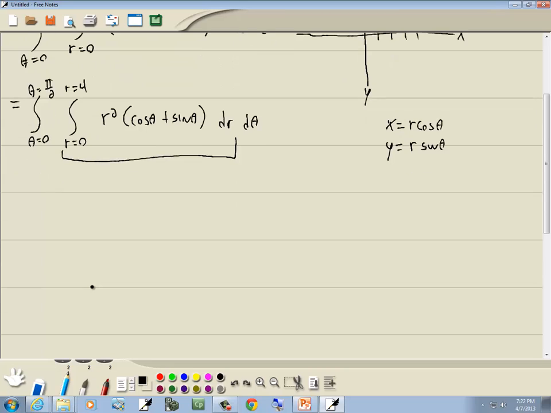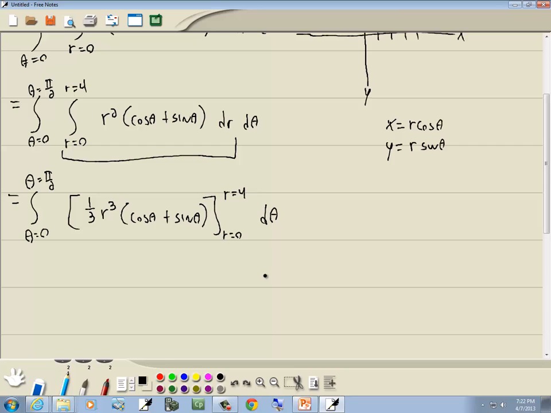The cosine theta plus sine theta doesn't have any r's in it, so that's like the constant portion when we're taking the integral with respect to r. So the integral of r squared gives us 1/3 r to the third, and then cosine theta plus sine theta from r is equal to 0 to r is equal to 4 d theta.